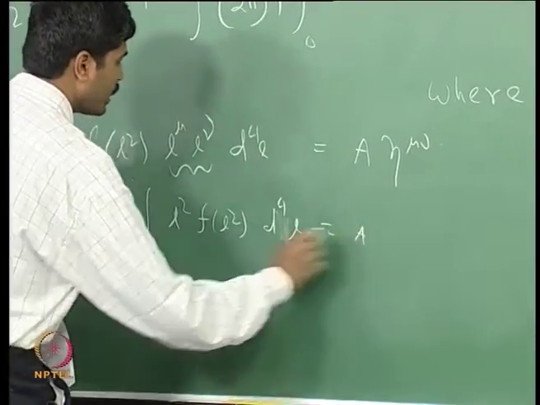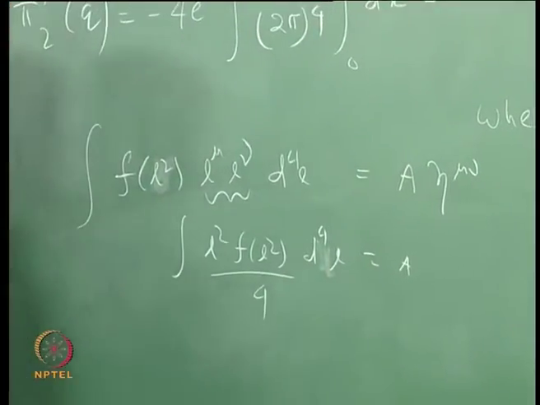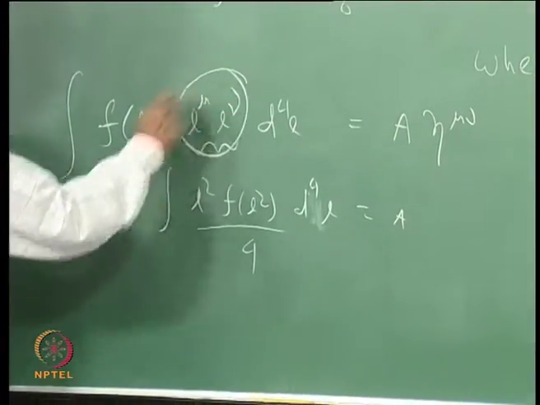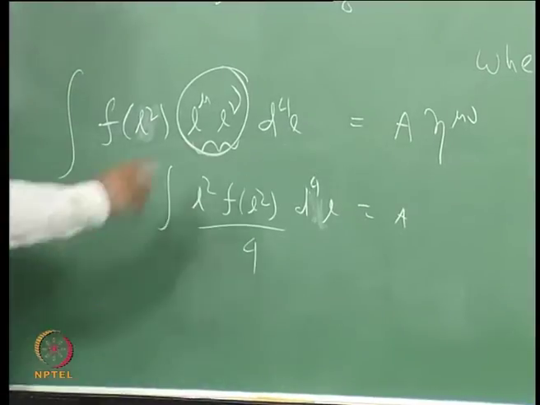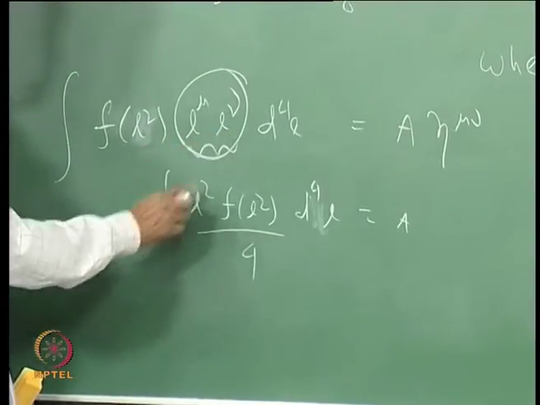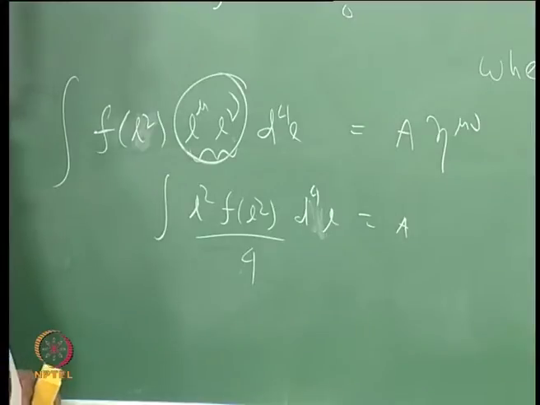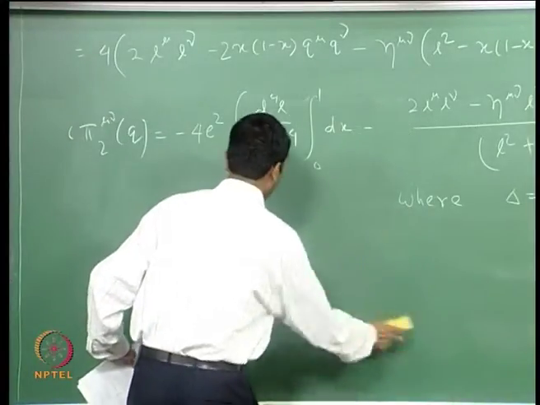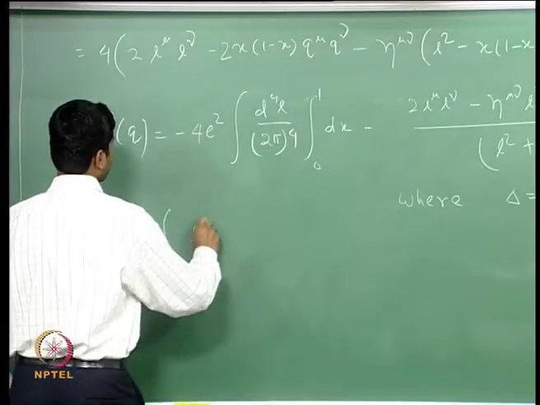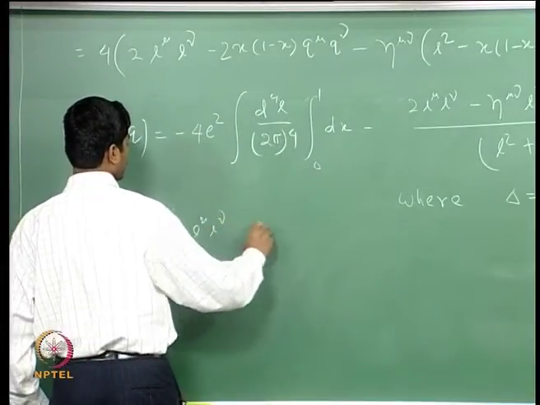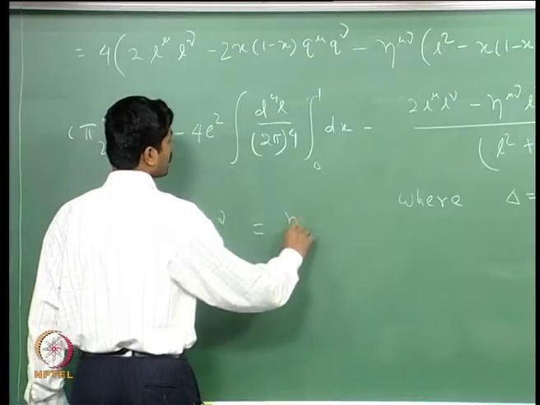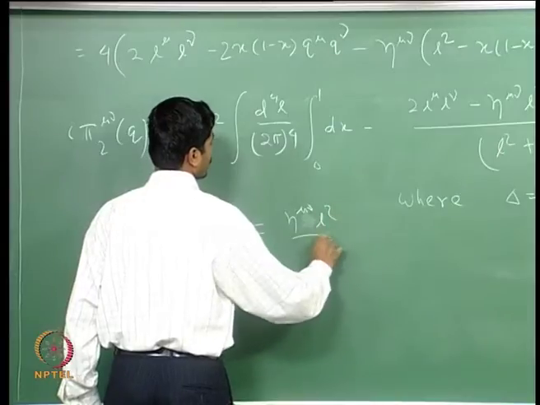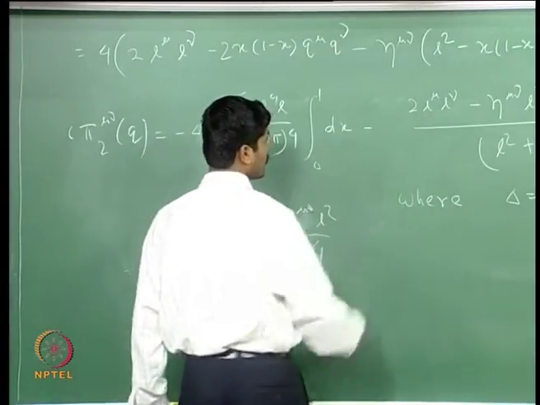So, in this integration you can merely replace L mu L nu by L square divided by 4. Okay. So, this is what you can do. If you have L mu L nu inside the integration, then this is merely given by eta mu nu L square divided by 4. This is what I can use here.